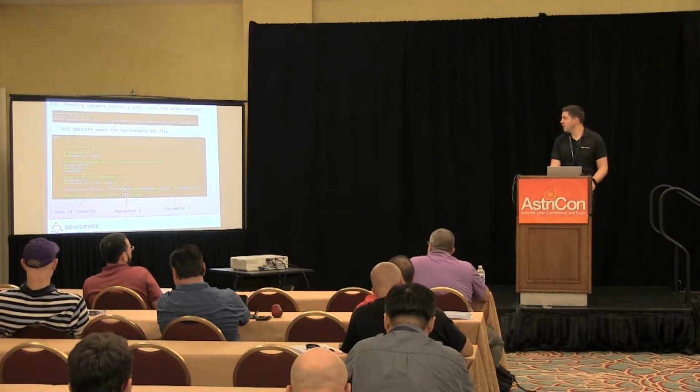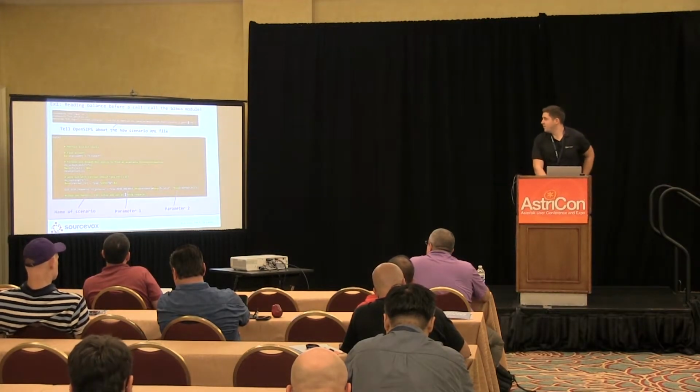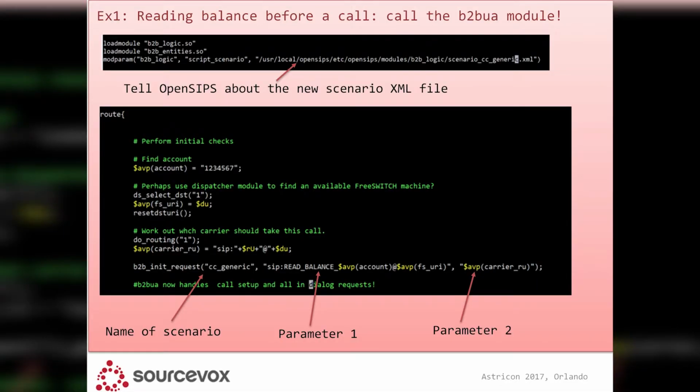And it's really useful. And again, for those of you that might want to look back at this later, I've done a very simple kind of pseudocode example of how this might look in OpenSIPS. So you simply give it the scenario. The XML file we were just looking at is the scenario. So you tell OpenSIPS about the scenario, and then, as you may remember, there were a couple of parameters that the XML file refers to.